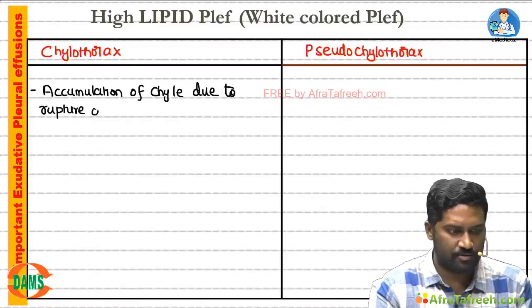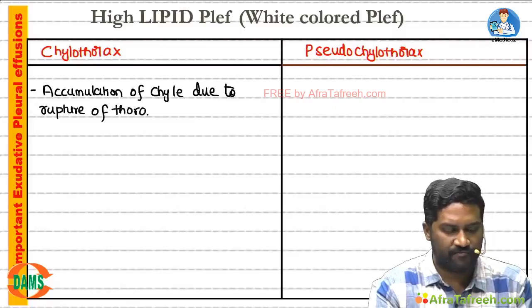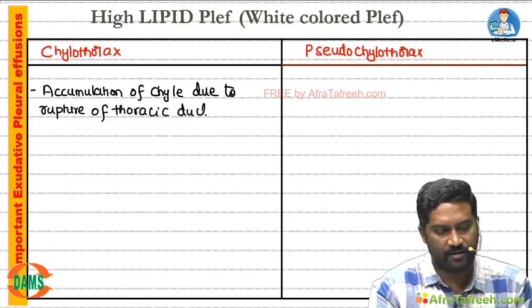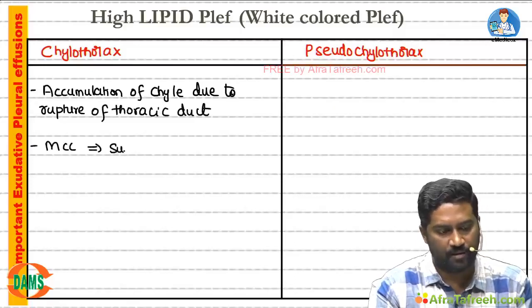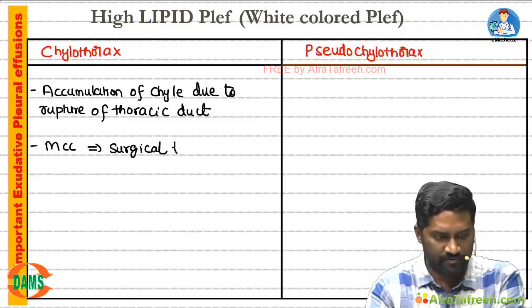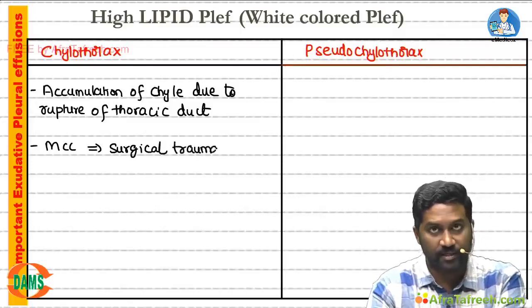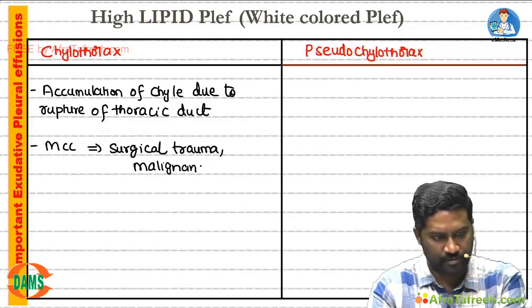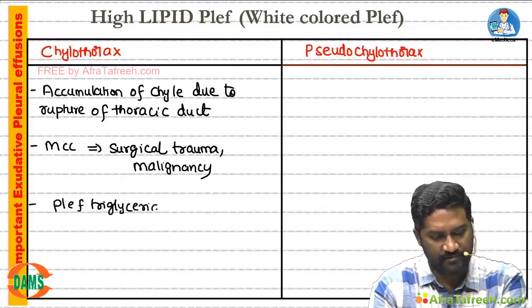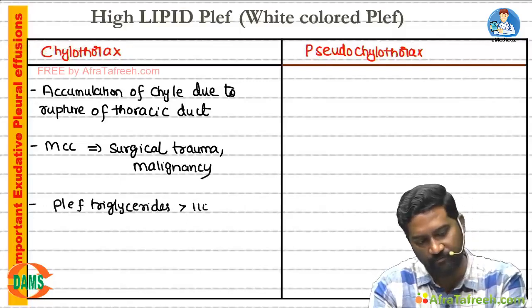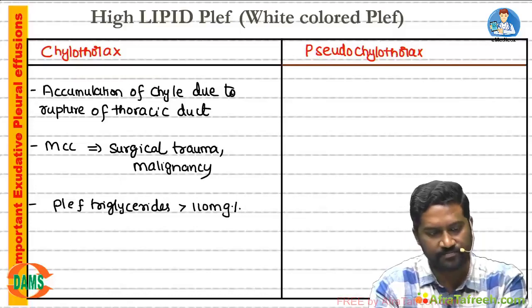The most common cause will be surgical trauma. Next, malignancy. Pleural effusion triglycerides in this will be more than 110 mg%.